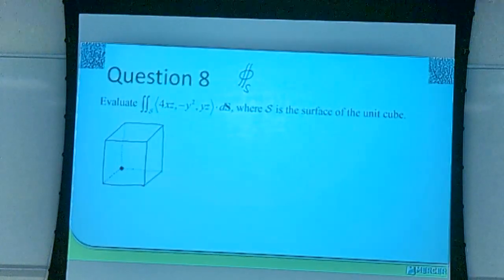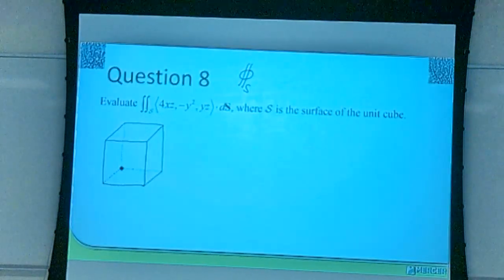There is a much easier way of doing this. It's called the divergence theorem, but we haven't learned it yet. So I want to do this example to make you appreciate the divergence theorem way more. Divergence theorem is purely vector analysis.